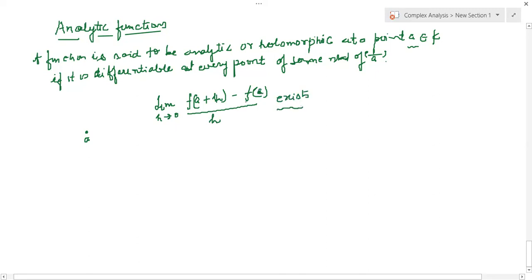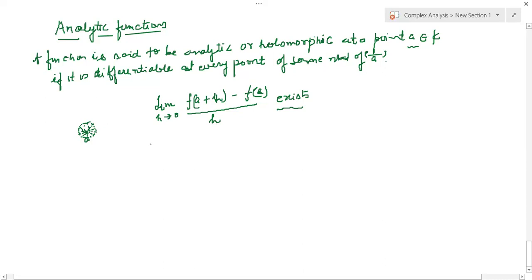But if I'm talking of analyticity, if a function is analytic at a point, then it must be differentiable in some neighborhood of A. That is, on all the points in this neighborhood, the function must be differentiable. There must be some neighborhood of A where your function is completely differentiable.